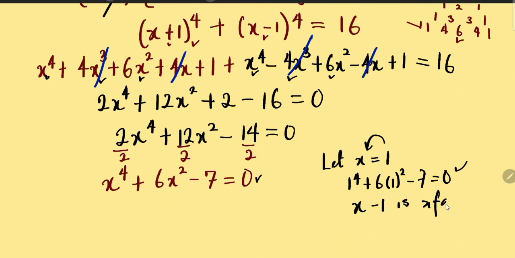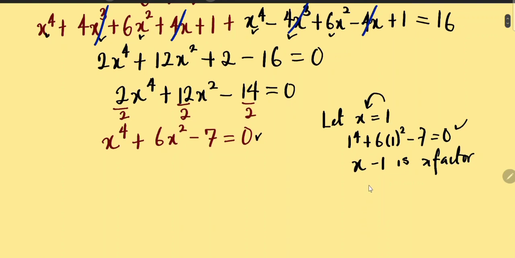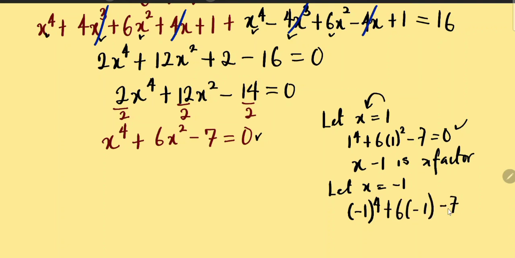We want to factorize this polynomial equation. If x minus 1 is a factor, let's check another value if possible. Then definitely x equal to minus 1 should be able to work as well. Let's substitute x equal to minus 1 here and see whether it will work. Definitely. So we're going to have minus 1 raised to the power of 4 plus 6 into minus 1 squared, then minus 7.